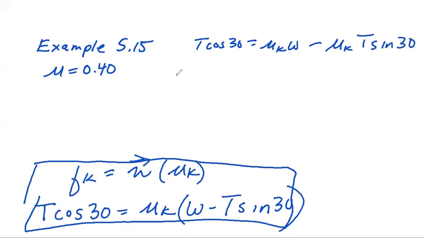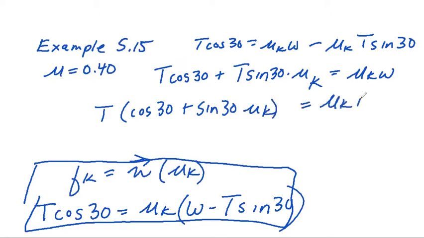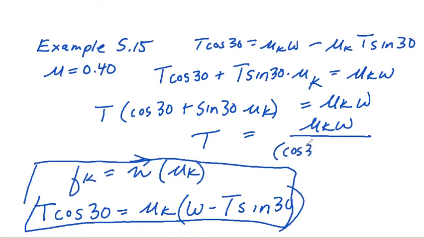All right, I want to solve for T. So T cos 30 plus T sine 30 times mu k is going to equal mu k W. Pulling out a T, I'll get T times (cos 30 plus sine 30 mu k) equals mu k W. So T is going to equal mu k W divided by (cos 30 plus mu k sine 30).